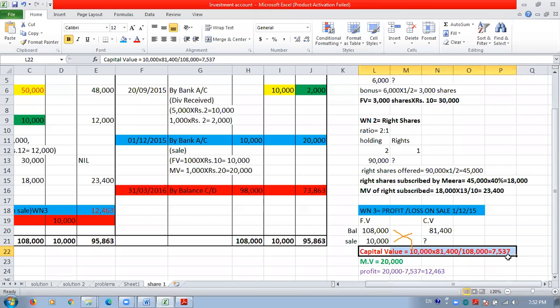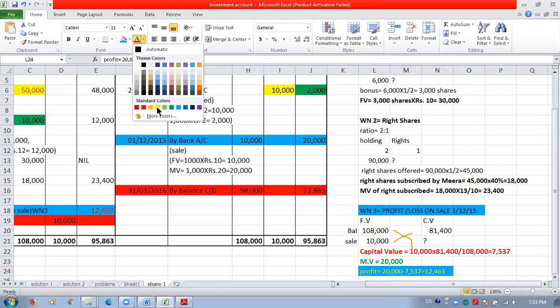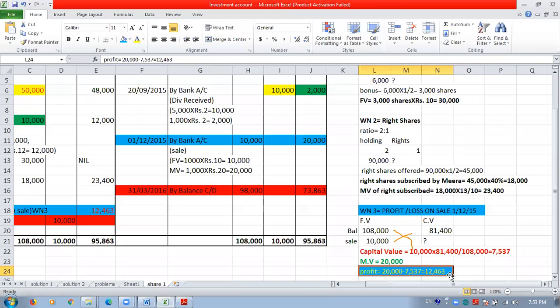This is the actual cost whatever Meera paid in the past. Now what she gets is 20,000. So compare that 7,537 cost with the 20,000 market value. We come to the conclusion that there is a profit of 12,463.